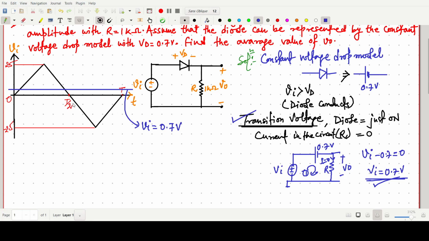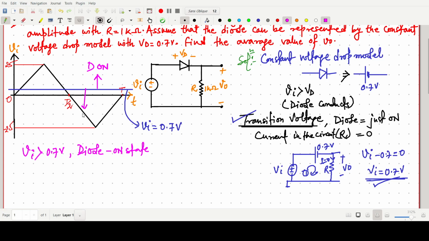The simple thing is that above this line, when Vi is greater than 0.7 volt, any voltage like 2 volt, 1 volt, anything, the diode will be on. I am writing D on here.